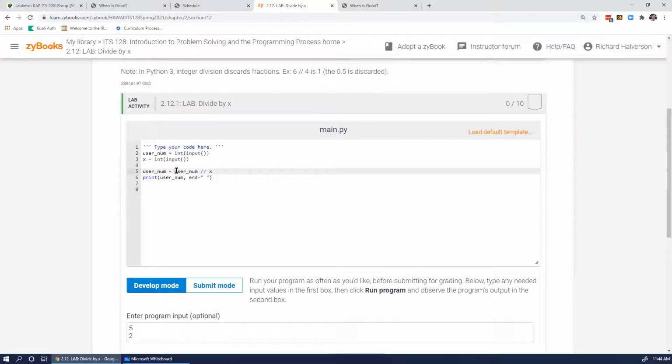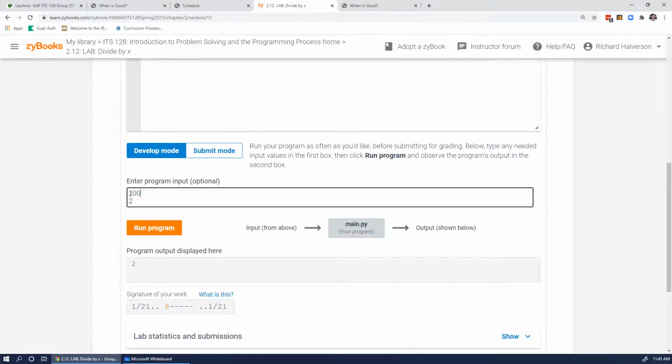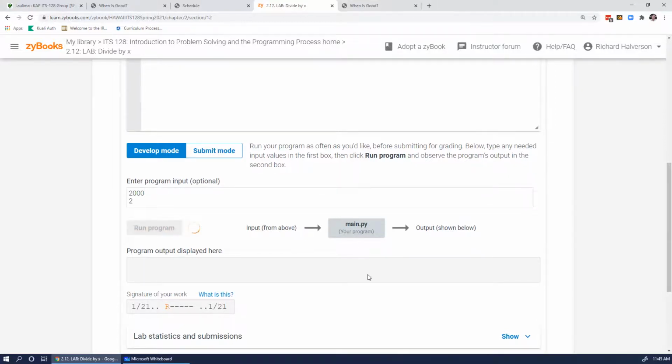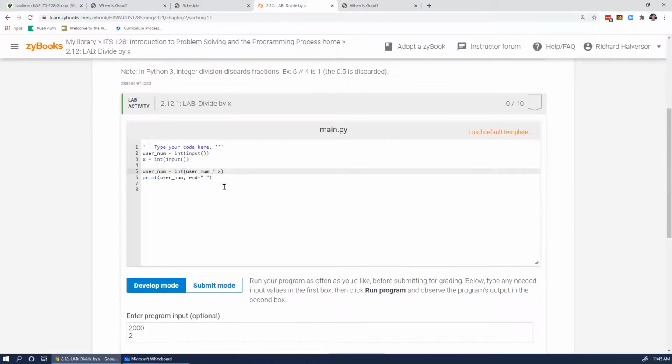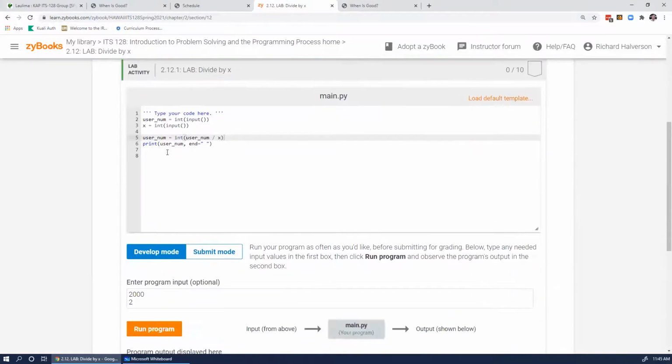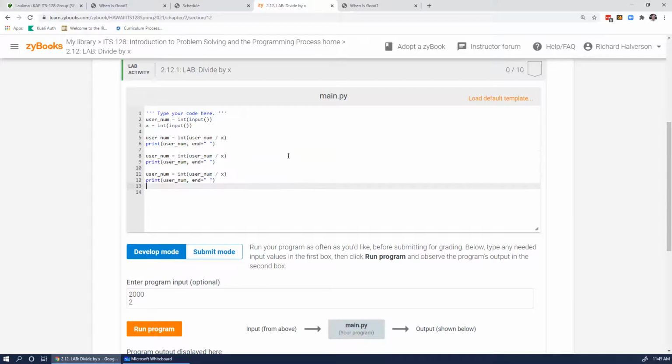I suppose we could do this, int, and let's do 2000. Okay, so that's that part, and then we have to do it 2 more times. 2 more times, yeah.